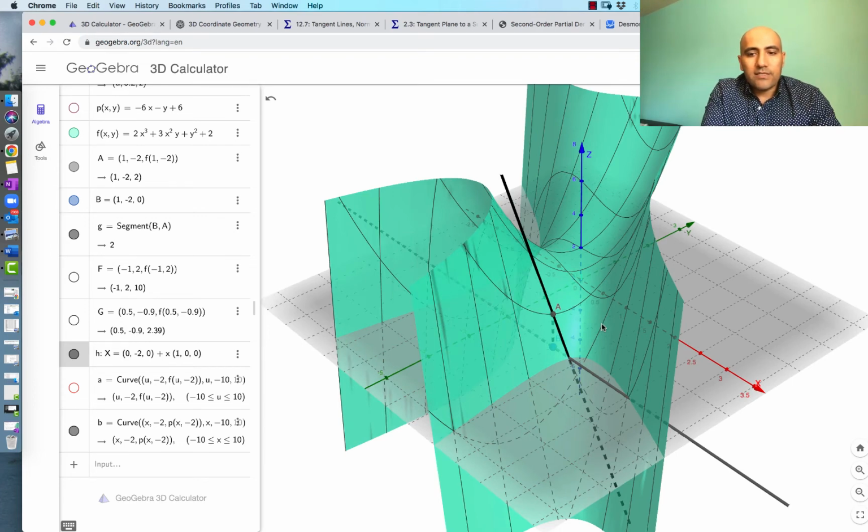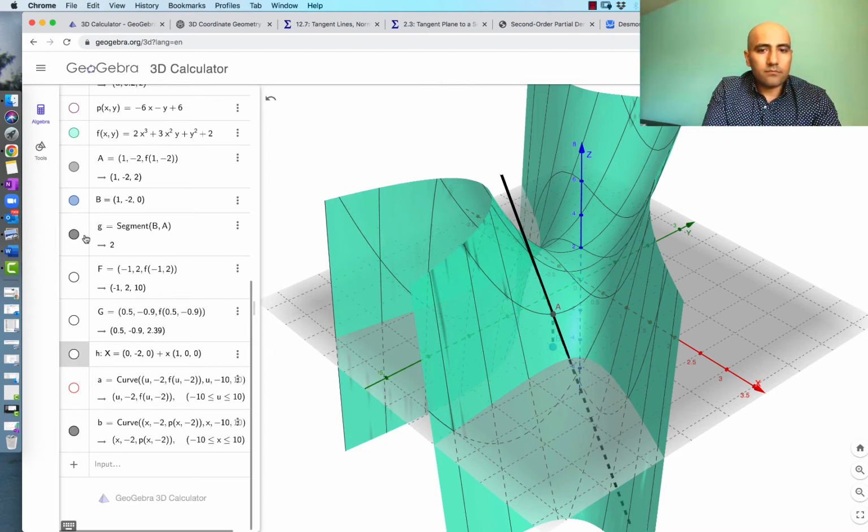Okay, so now we want to do the same thing, but this time we want to go in the y-axis direction. We want to go that way, a line that is tangent to point A, but facing the y-axis direction. So let's make some changes over here. Let's get rid of that guy.